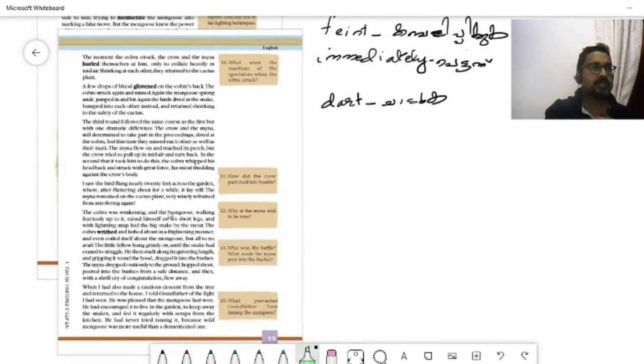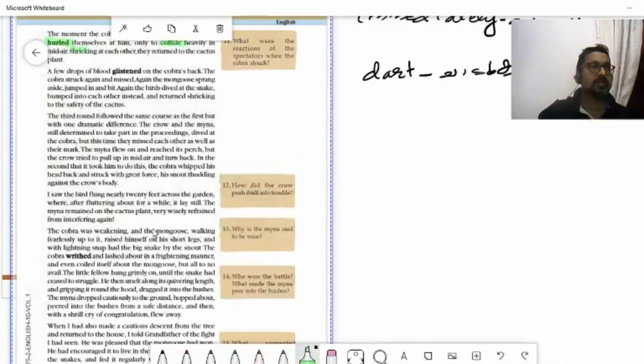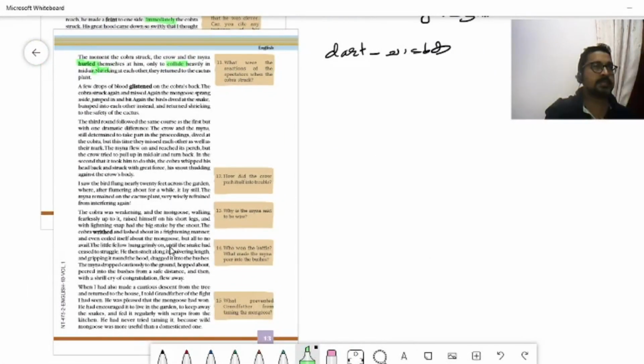See? Hurled themselves at him. Collide heavily. In the midair, shrieking. See the difficult words there? Shrieking.